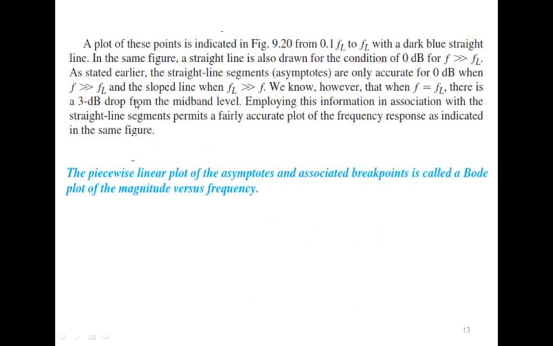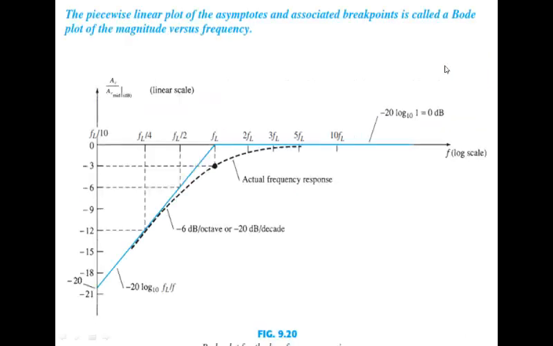So for frequencies very much greater than FL, you can see in the same figure a straight line is also drawn for the condition of 0 dB for F very much greater than FL. So if frequency is greater than FL, the response would be at 0 dB, minus 20 log of 1, and it would be at 0 dB.